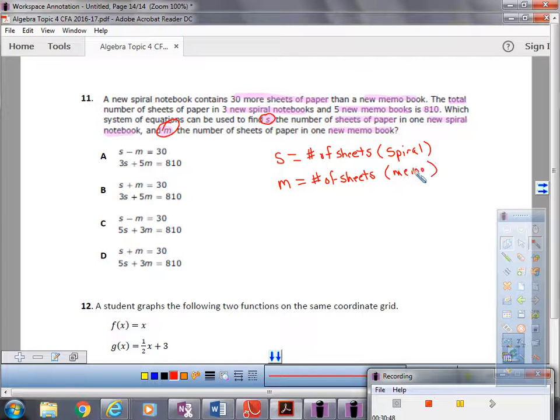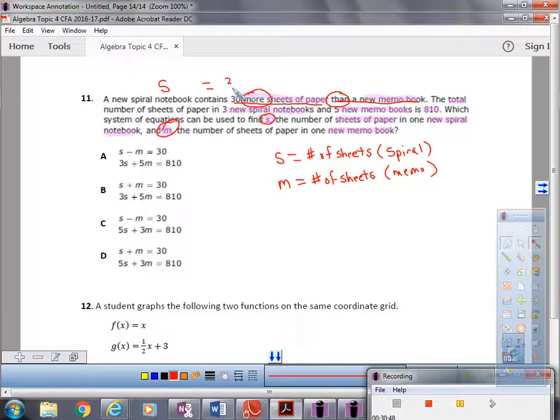So if you go back and look at the first sentence, it said a new spiral notebook, which is S, contains, which means like equals, 30 more sheets of paper than a new memo book. So it's 30 more than the memo book. Now when you have the words more than, they're probably going to switch.